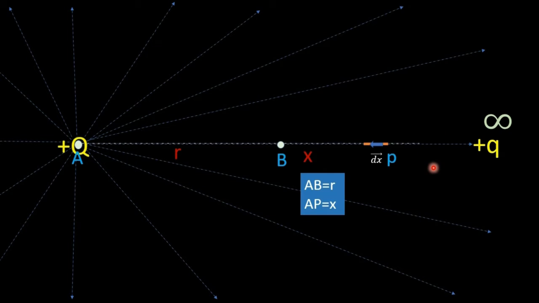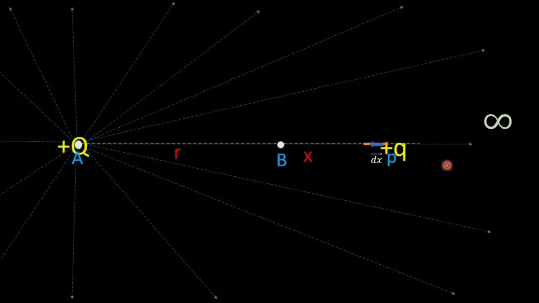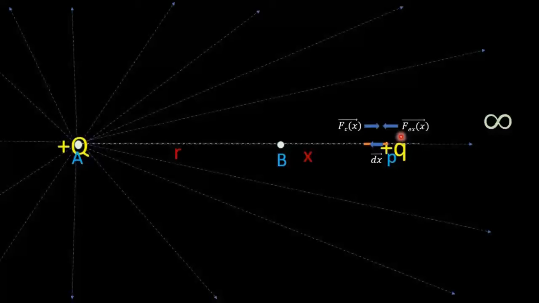Now let us consider a point P which is at a distance x from the source charge, and there is a length element dx along the direction of motion of the test charge. As the test charge reaches the position P, it will experience two equal and opposite forces. One is the external force which acts along the direction of motion of the test charge.